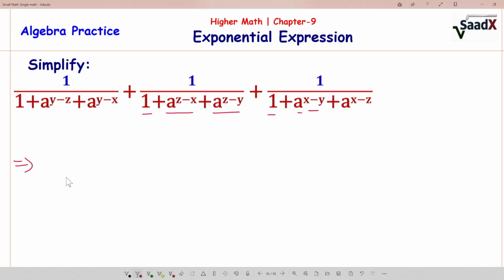So first one, look, 1 by 1 plus a to the power y minus z plus a to the power y minus x. So we have to make a common thing in all the fractions. Here is 1, here is y minus z, and here is y minus x.